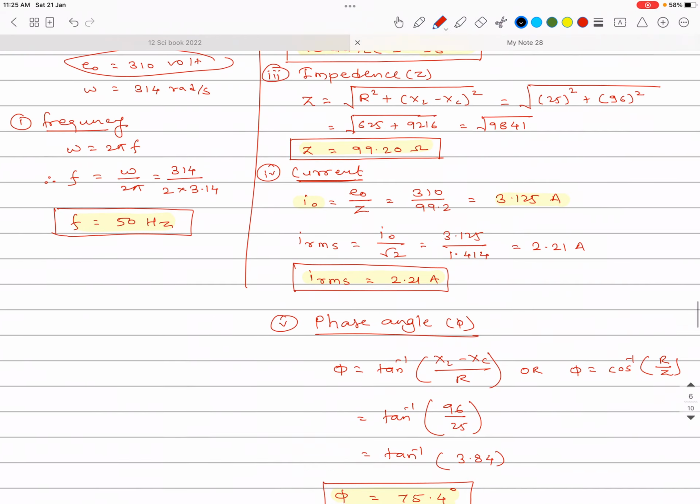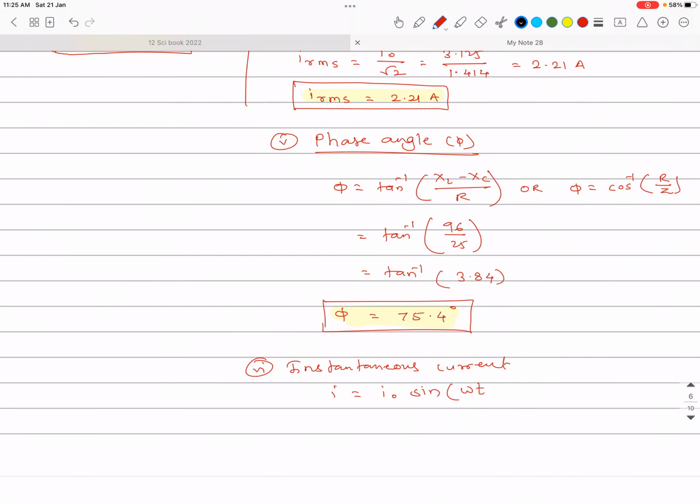Now here you can see, which one is greater, XL is greater or XC is greater? Here XC is greater than XL. So it's a capacitive circuit. In capacitive circuit current is leading, so I can write plus sign for the phase.